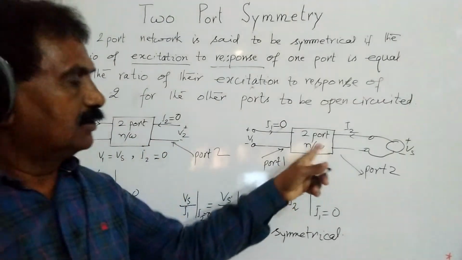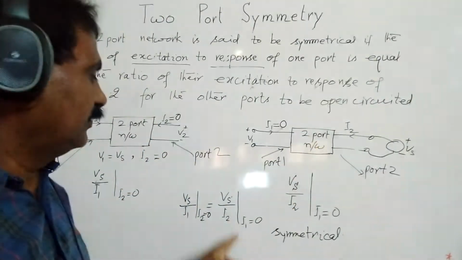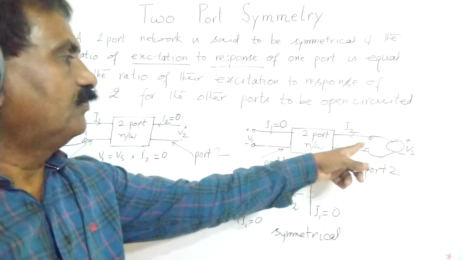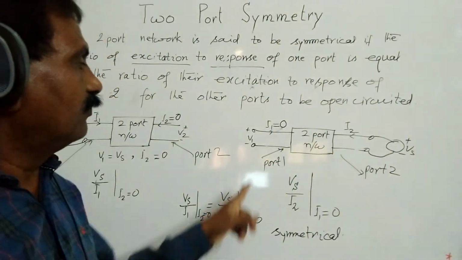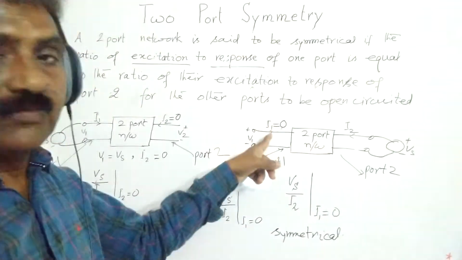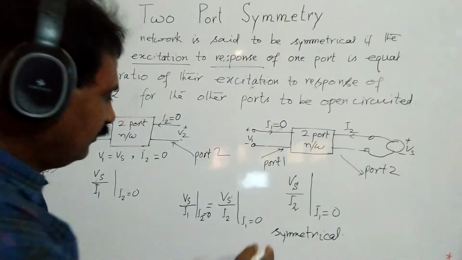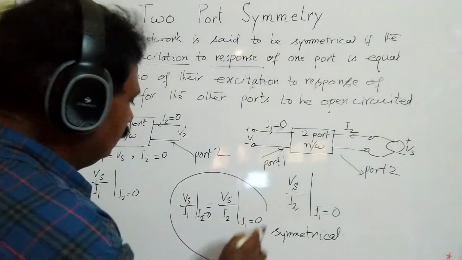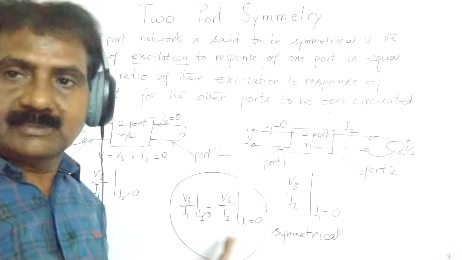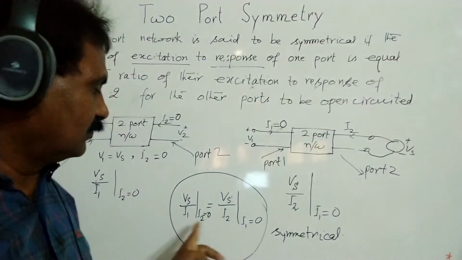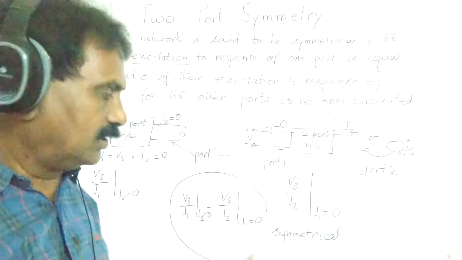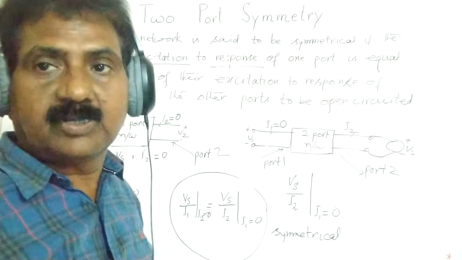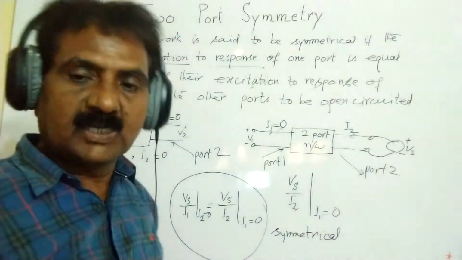And for the same two-port network we obtain the ratio for the second port, that is Vs by I2 when port 1 is open circuited. Then if this condition holds good, if these two values are equal, then the two-port network will be said to be symmetrical.